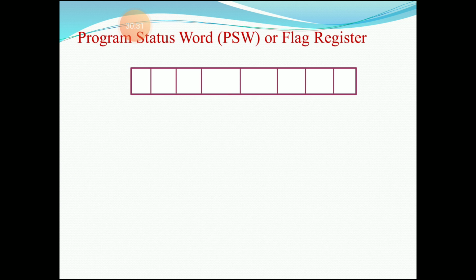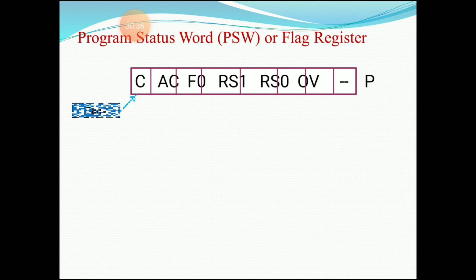Now the program status word, also called the flag register, consists of various flags: carry flag, auxiliary carry flag, flag 0, RS1, RS0, overflow, parity.